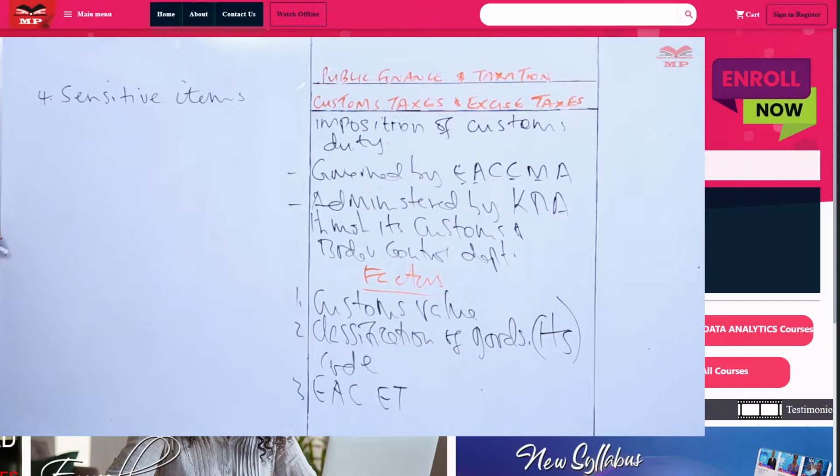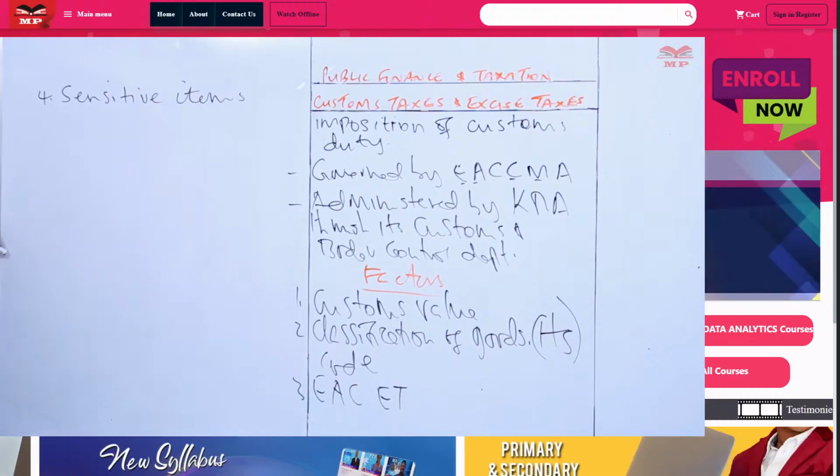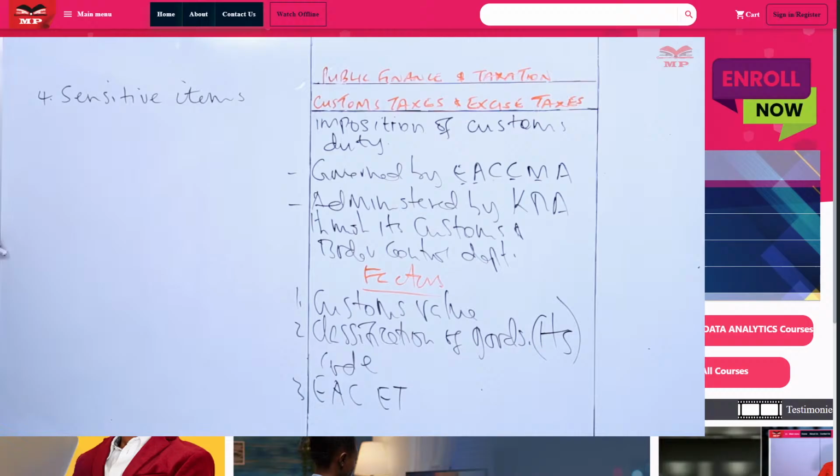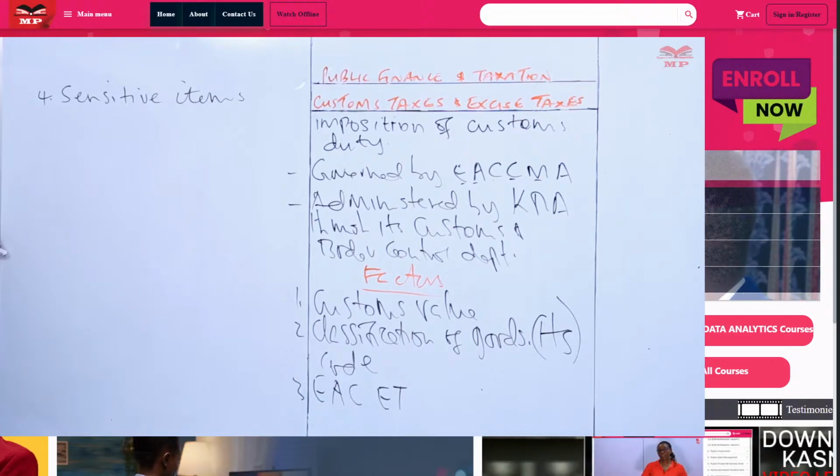There are certain goods that are deemed sensitive for economic or social reasons that attract higher duty rates, which can exceed the standard 25% and may even go up to 35% or even higher for specific products as listed in the East African Community External Tariff, second schedule.